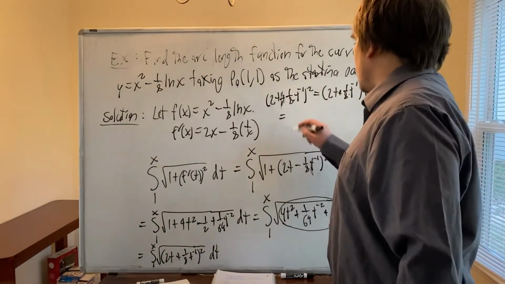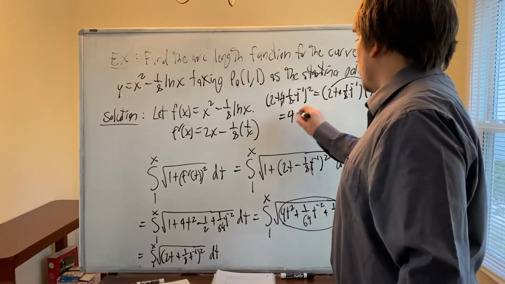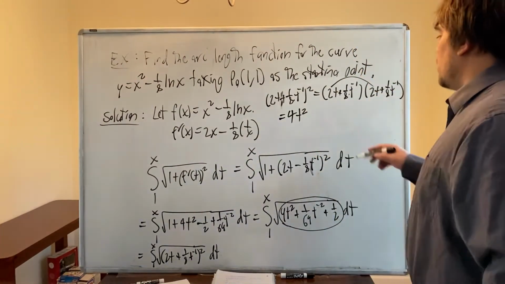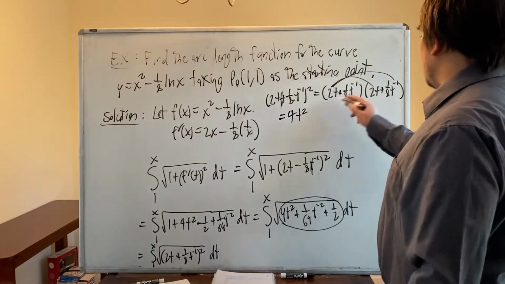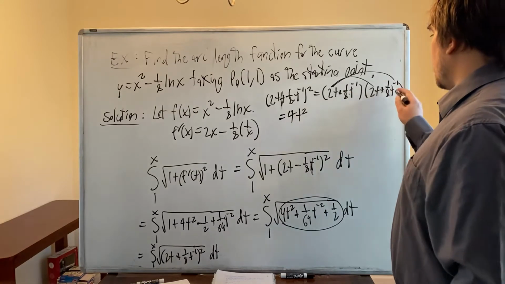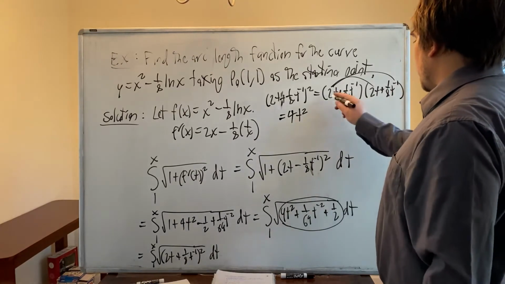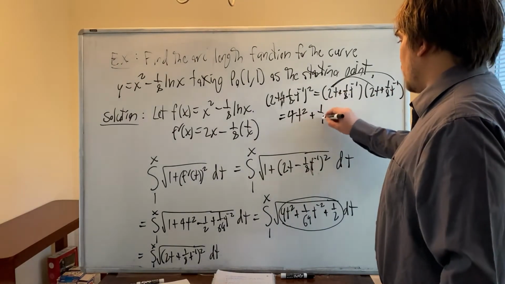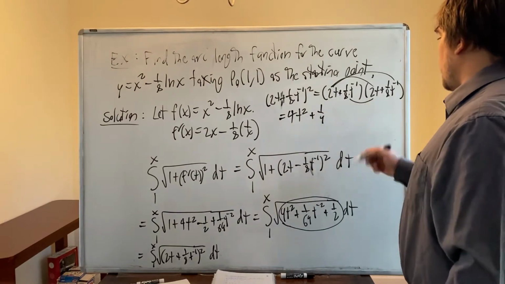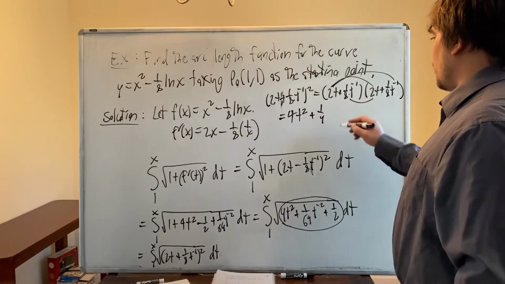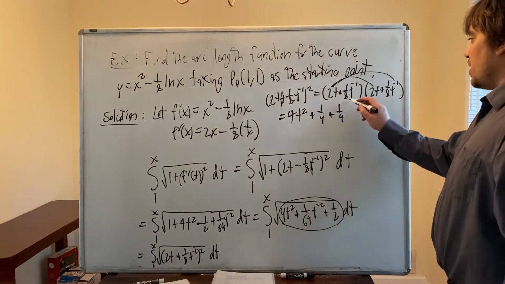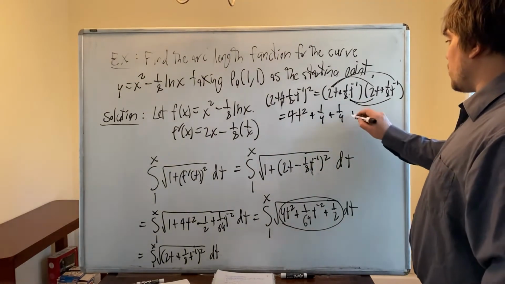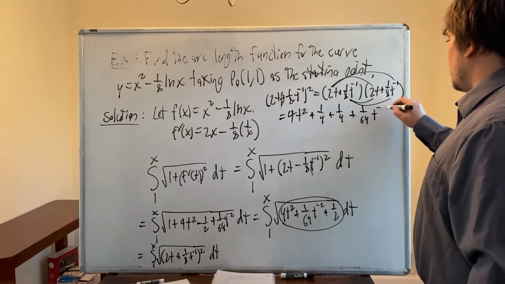If you multiply that out, you get 2t times 2t, which is 4t squared. Then 2t times 1/8 t^-1: 2 times 1/8 is 1/4, and the t and t^-1 cancel, so you get plus 1/4. Then this times this, 1/8 times 2 is 1/4, and the t and t^-1 cancel, so it's plus 1/4. And then this times this is plus 1/64 t^-2.